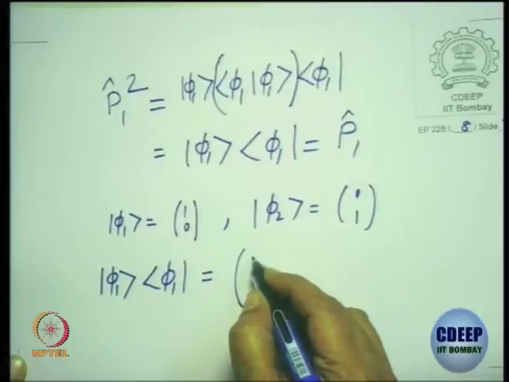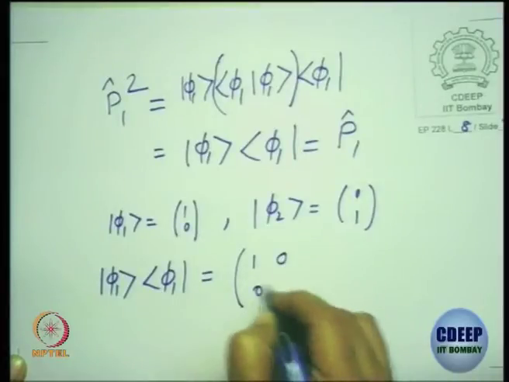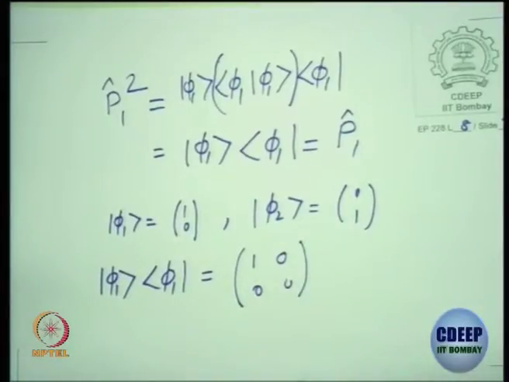It is 1 0, 0 0. What are the eigenvalues of this? 0 and 1. Right. If the state is in that subspace, it will get projected and be as it is. If it is not in the subspace, it is going to be 0.